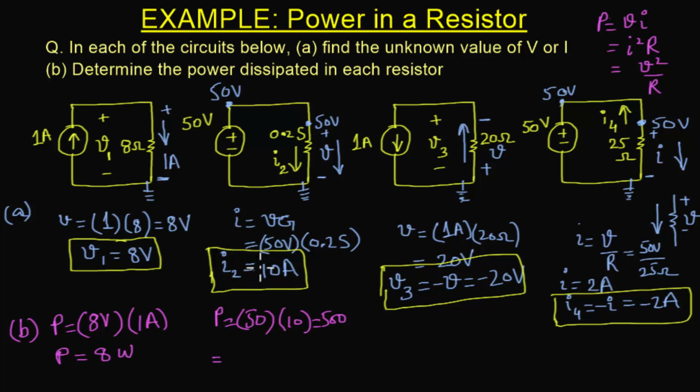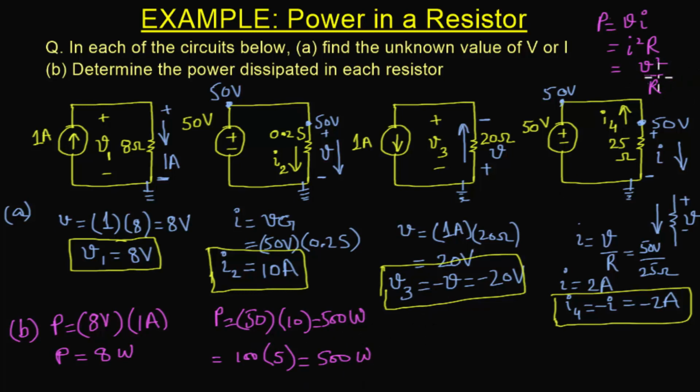So I squared is 10 squared, which is 100, times R. This is conductance 0.2 Siemens, so the resistance value equivalent to that would be 5 ohms. So if I write 5 and multiply, we still get the same result, 500 watts.